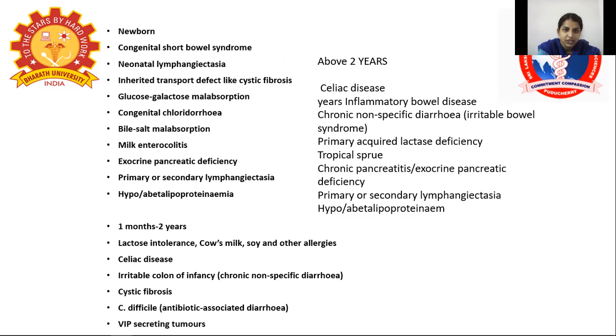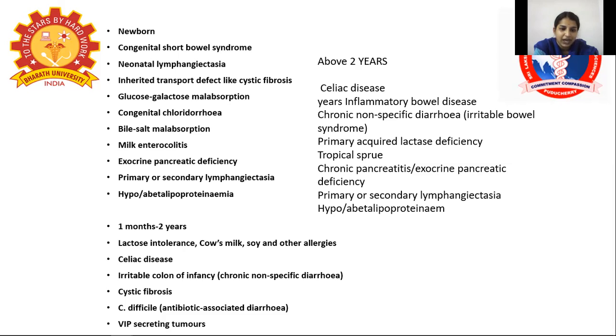In the newborn, the common causes are congenital short bowel syndrome, neonatal lymphangiectasia, inherited transport defects like cystic fibrosis, glucose galactose malabsorption, congenital chloridorrhea, bile salt malabsorption, milk enterocolitis, exocrine pancreatic deficiency, primary or secondary lymphangiectasia, hypo or A beta lipoproteinemia. These are the common causes in newborns.